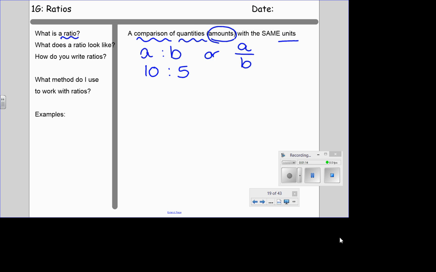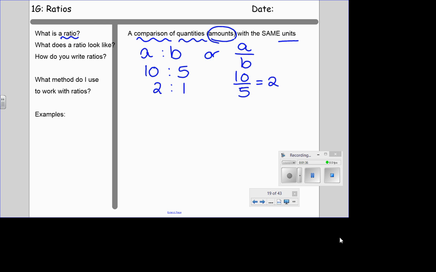Or this could be a ratio of 10 to 5, so 10 divided by 5 could also be another way to write it. If I have 10 divided by 5, you know now that's going to reduce down to 2. So really what I'm looking at is a ratio of 2 to 1. So we're simplifying them and working with them just like we did our fractions.